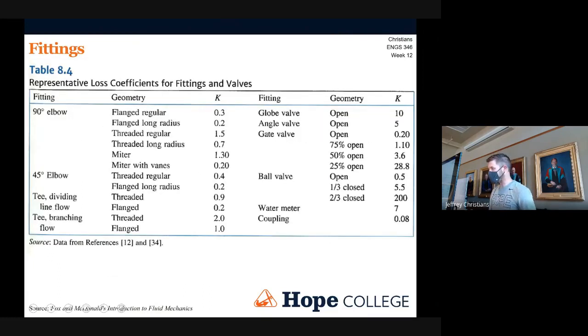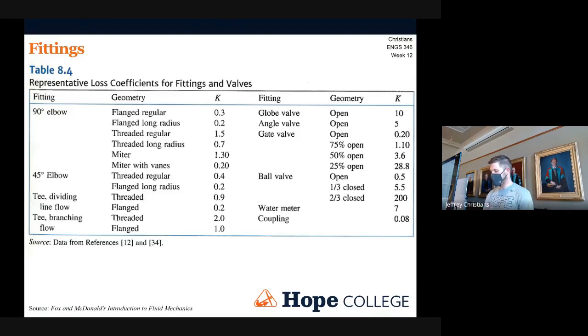There are tables, and again, our book has just a small fraction. There are whole handbooks, a whole book just of this kind of stuff. But it has enough for us to use for our purposes. Right, different kinds of elbows, different 90-degree elbows. What do the joints look like?